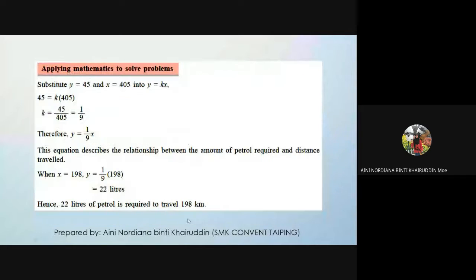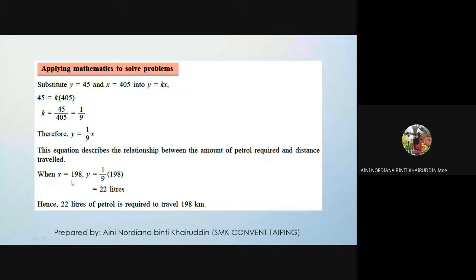So step 3, applying mathematics to solve problem. Substitute Y equals 45 and X equals 405 into Y equals KX. Yang ni kita nak cari K. So K equals 1 over 9. Therefore Y equals 1 over 9 X. So this equation describes the relationship between the amount of petrol required and distance travelled.